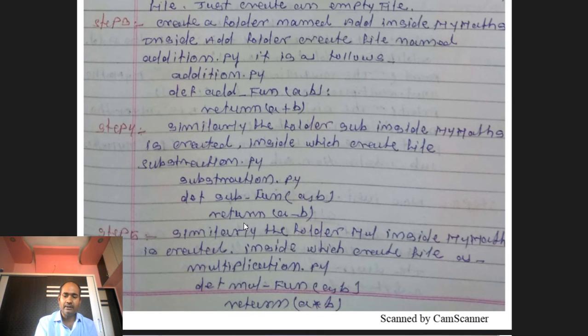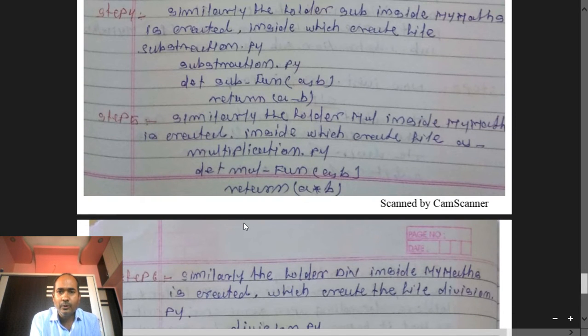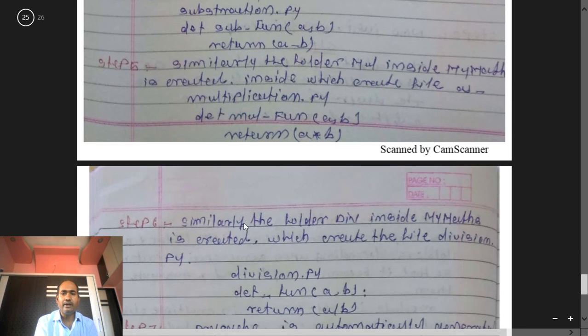In that subtraction.py file we write the Python code as def sub_fun(a, b): return a - b. Now in step 5, similarly the folder mul inside my math is created, inside which create the file multiplication.py. In that multiplication.py we write the code as def mul_fun(a, b): return a * b.